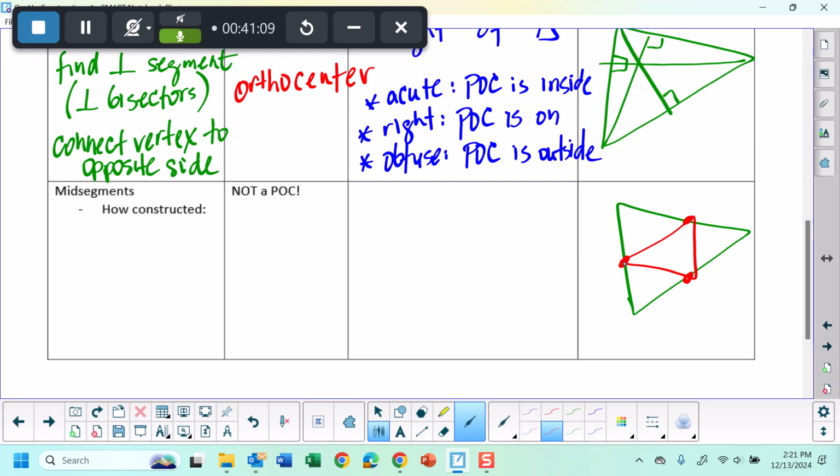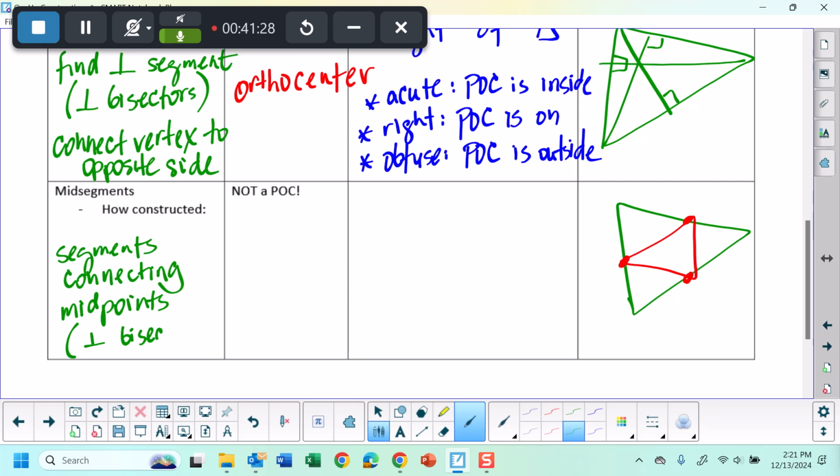How it's constructed is segments connecting my midpoints. How do I find my midpoints? Again, with your perpendicular bisector.